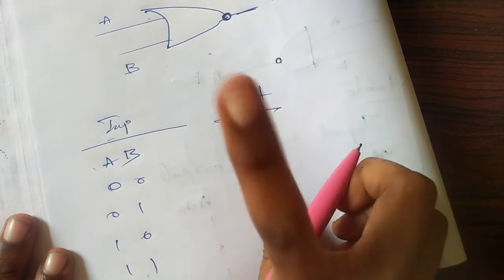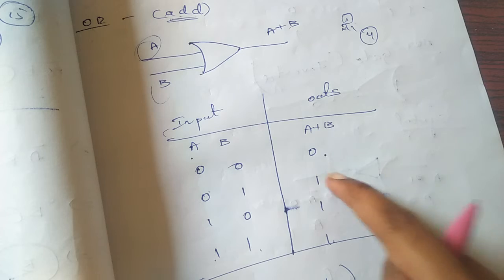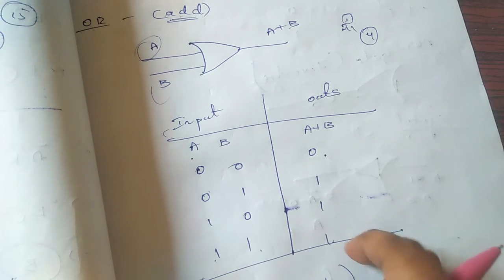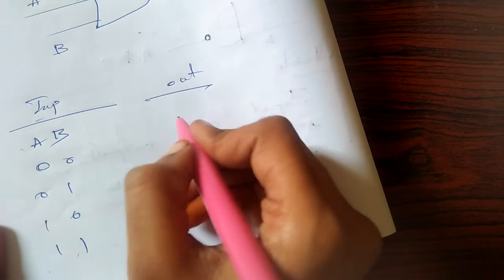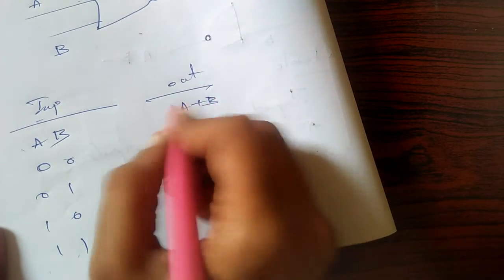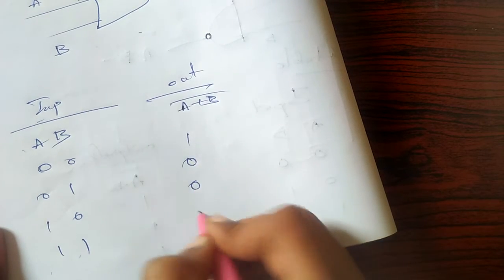So the output is the opposite, means complement of OR. What are the outputs of OR? The outputs of OR are 0 1 1 1. Then here we get 1 0 0 0, right? (A plus B) whole bar means 1 0 0 0.